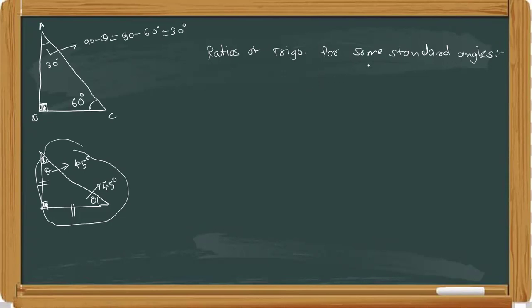Okay, what are the standard angles? Some standard angles are 0 degree, 30 degree, 45 degree, 60 degree, 90 degree. Okay, then these are the ratios: sine, cos, tan, cosec, sec, cot.